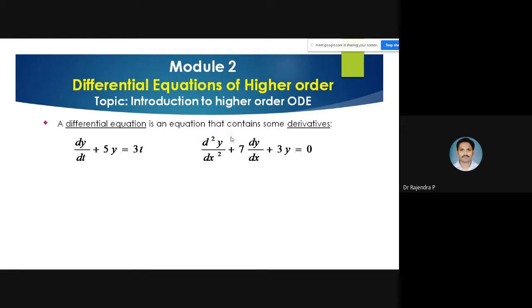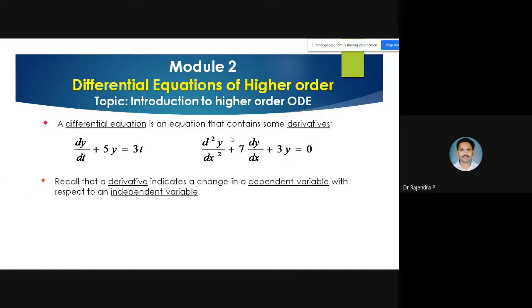Everybody knows that a differential equation should have derivatives. Here, if you see, dy by dt in the first equation is the derivative. In the second equation, we have two derivatives, dy by dx and d square y by dx square. Here y is the dependent variable, and the remaining variables t and x are independent variables.